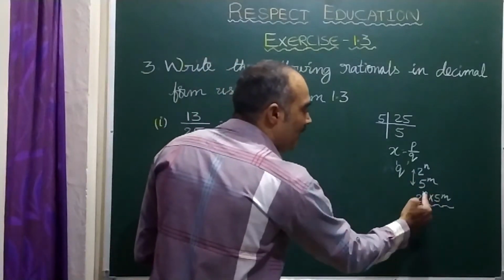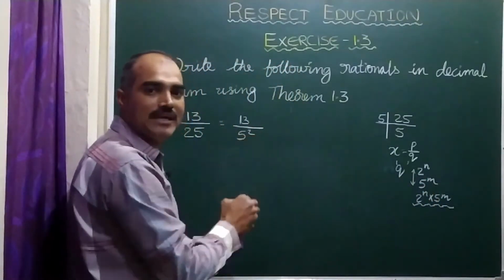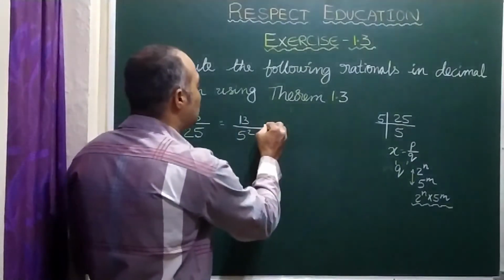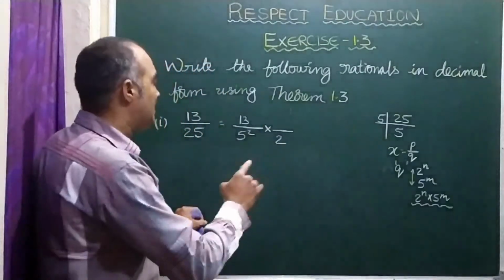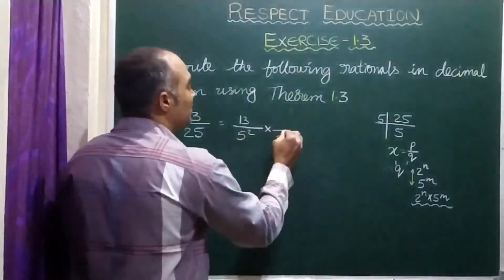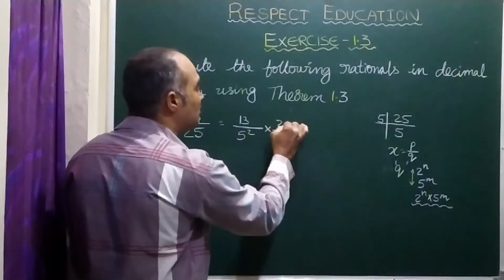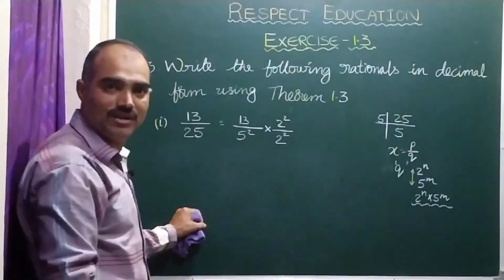You just imagine 5 and 2 are both friends. 5 cannot stay alone. Immediately it will call 2. 5 is there 2 times, so it will call one more 2. So here 2 square. Whenever you divide with 2 square, immediately you should multiply with 2 square also, so that the given problem is not affected.